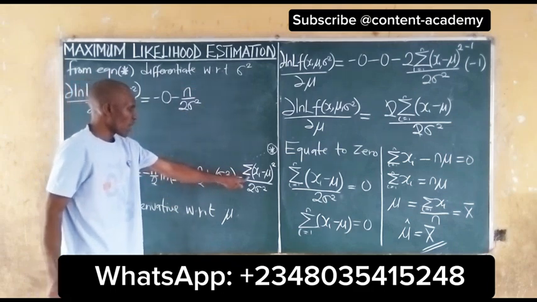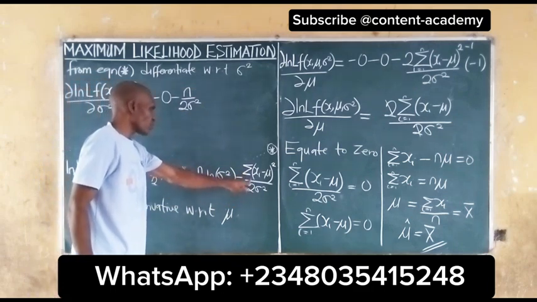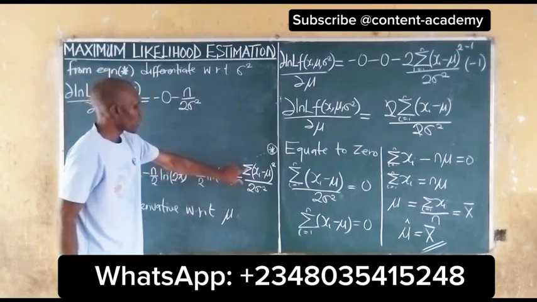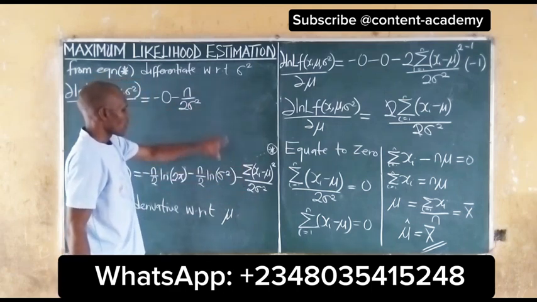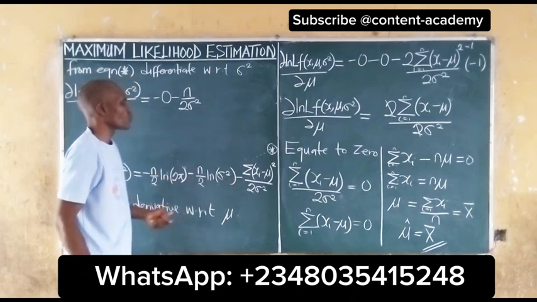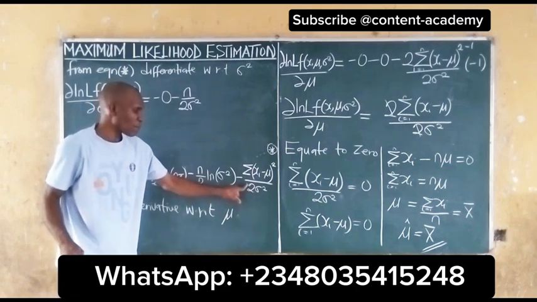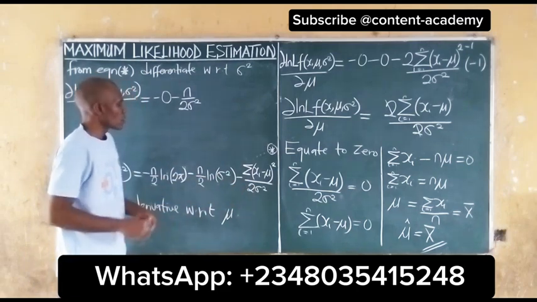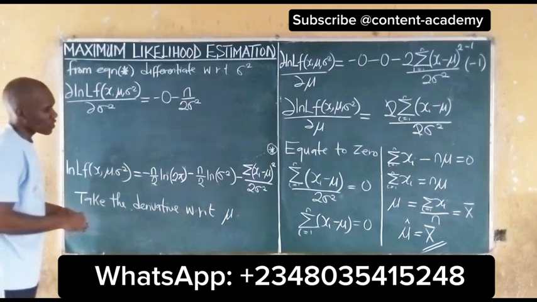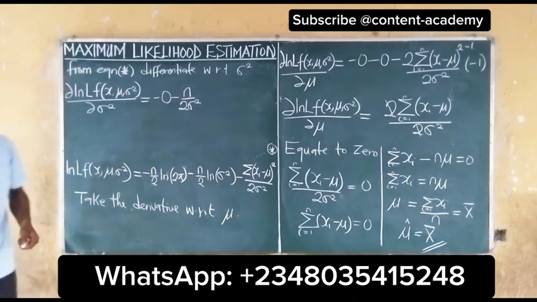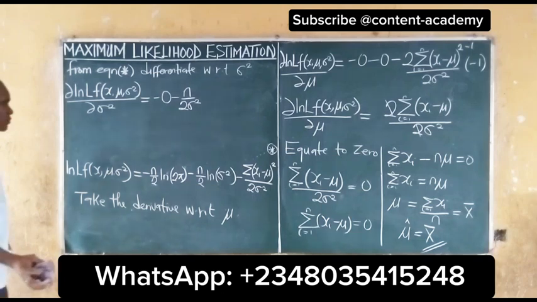Now we also have this. How do we differentiate this function? Because we can't just write it here. We use the partial derivative if you want, or you use the quotient rule of differentiation.